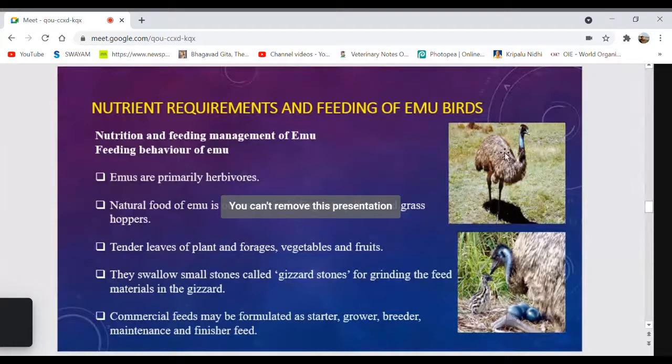It's a very big bird. But now farming is there in the northeast. I think the government of Meghalaya, with the help of KVKs, is trying to popularize rearing of emu and turkey.